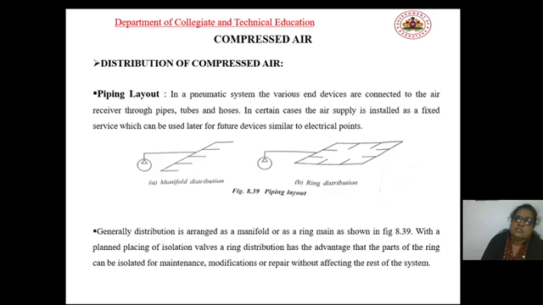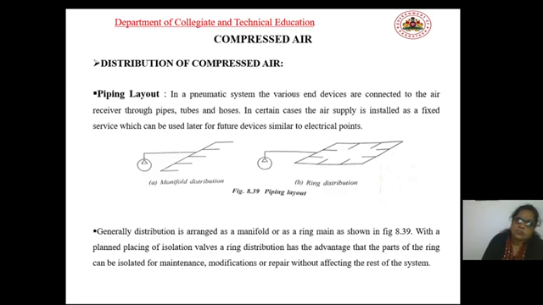In certain cases, the air supply is installed as a fixed service which can be used later for future devices, similar to electrical points. That is, whenever the supply is there, it can be stored and utilized whenever needed.